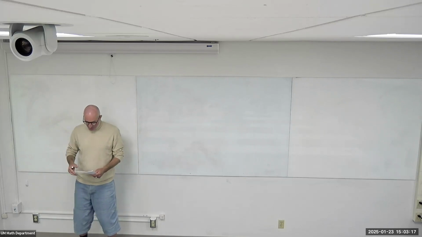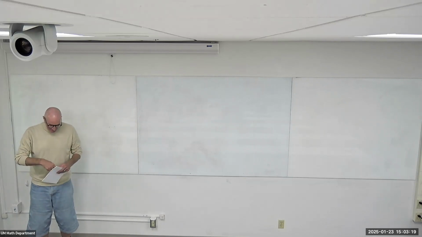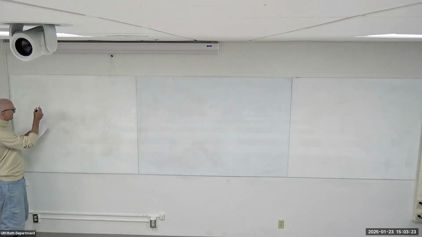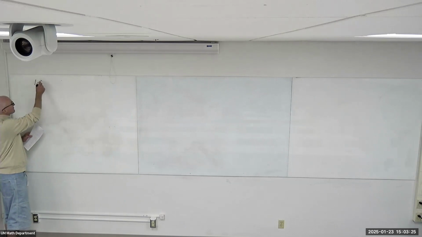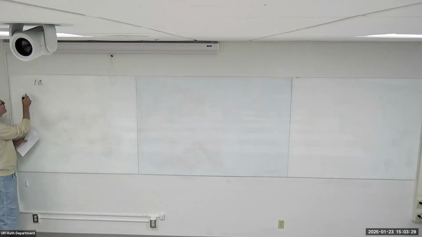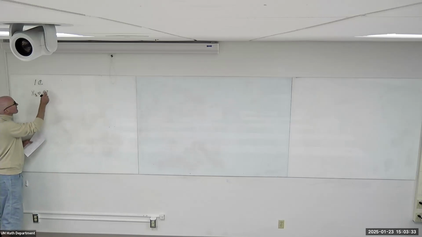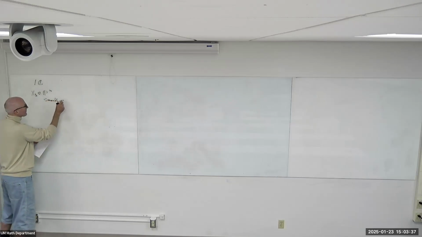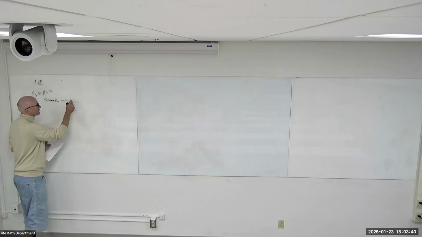So let me start by reminding you of a few classical results. First I start by considering all complex numbers. If we have a cubic threefold in P4 and it's smooth, then it's irrational.